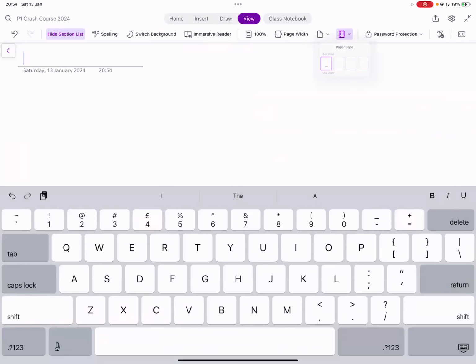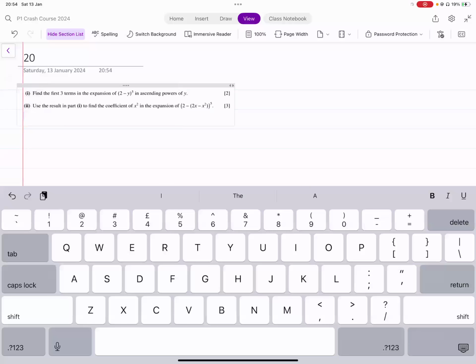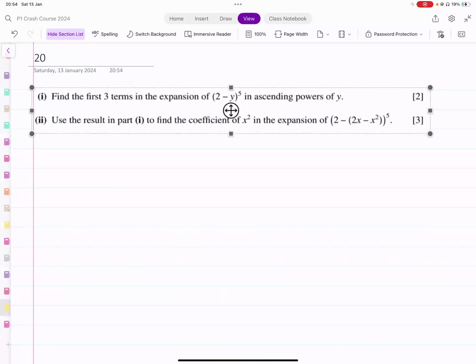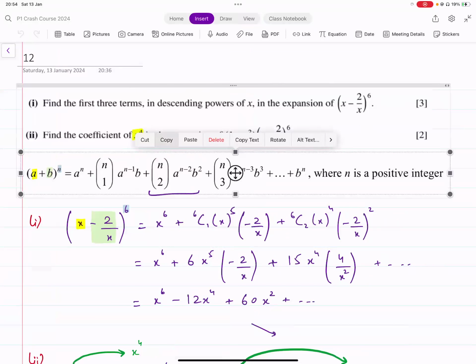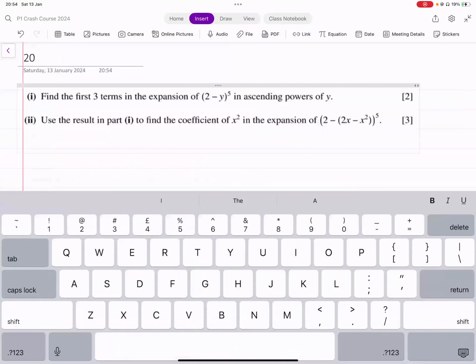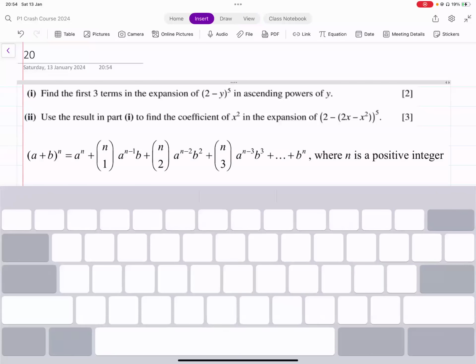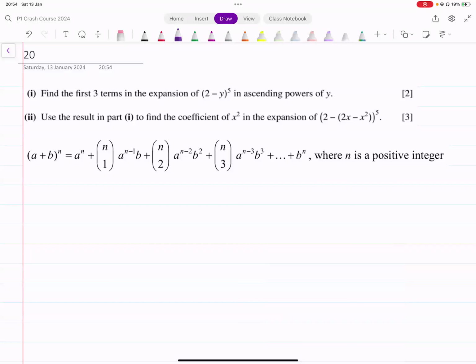Question number 20 from the worksheet. Okay, so it says find the first three terms in the expansion of (2 minus y) raised to the power of 5. Let's do this first.